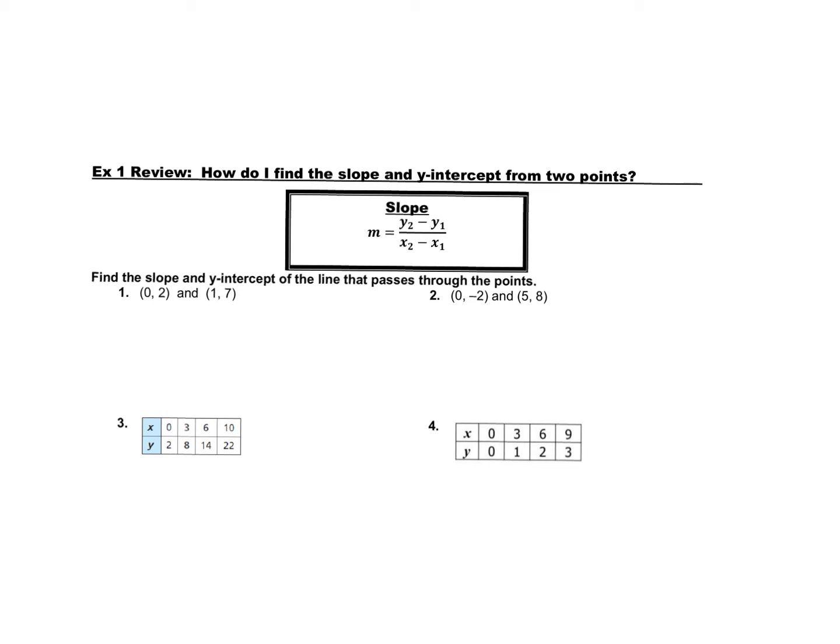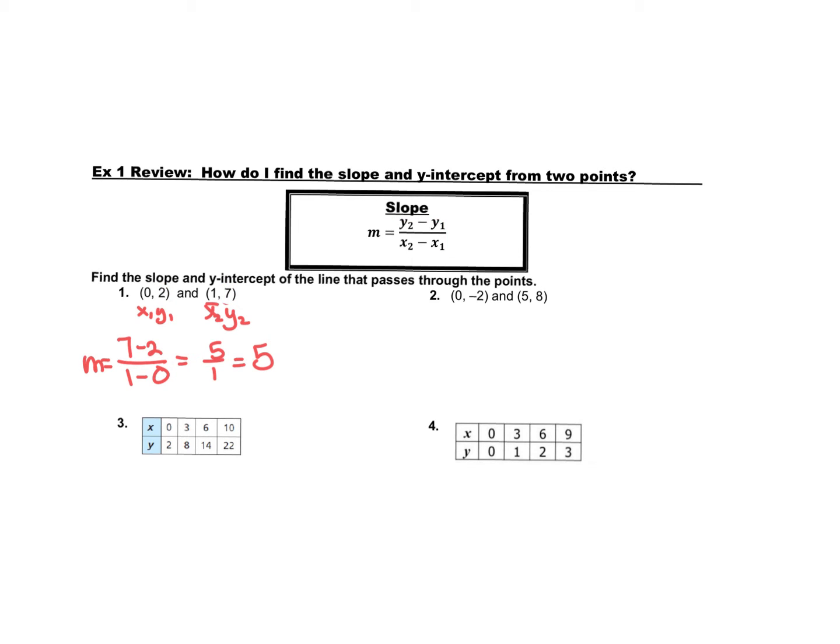When we're finding the slope, I'm going to label my points: x1, y1, x2, and y2. Then, using the slope formula, I take my y2, which is 7, minus my y1, which is 2, and then my 1 minus 0. So 7 minus 2 is 5, all over 1 minus 0 is 1, and that gives me a slope equal to 5.